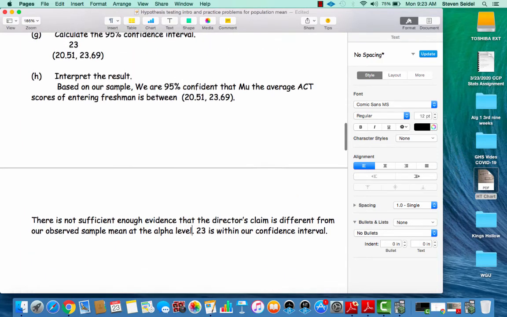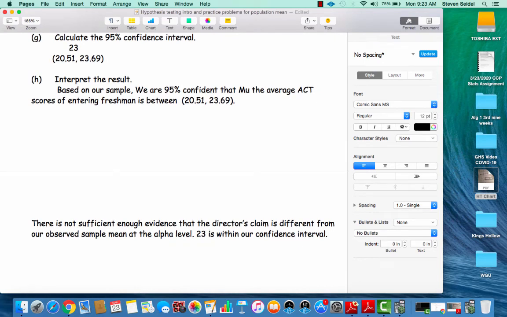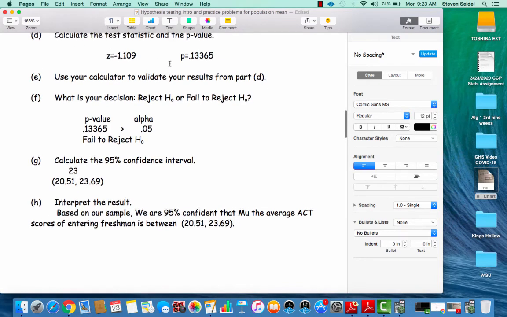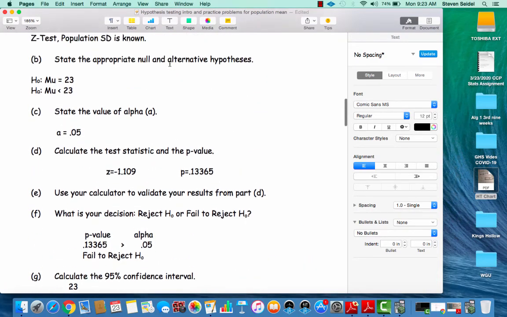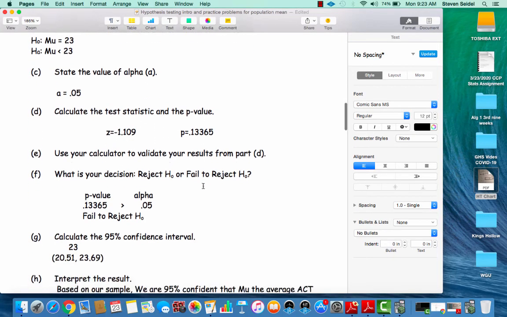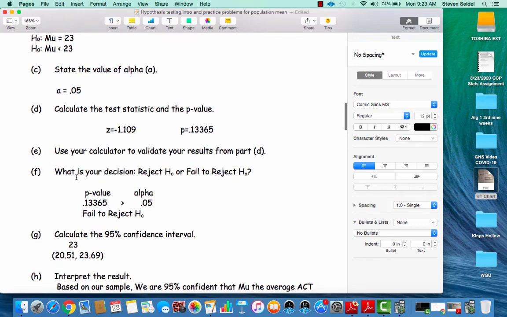So, guys, that's pretty much the big picture. You calculate your z statistic and p-value. P-value's huge. You'll have that chart. Make the decision.